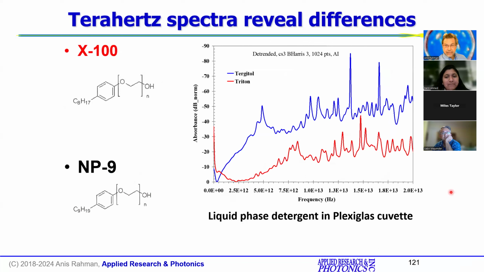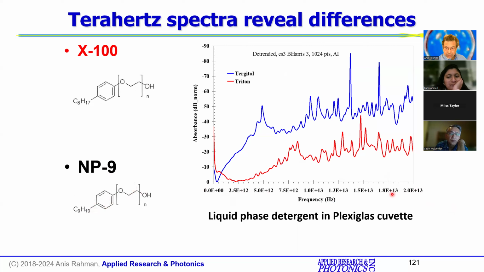When you do the T-ray spectroscopy, the carbon 9, which is the blue spectrum, has higher loss or absorbance, in dB. Decibel is the unit of loss, right? So higher loss compared to the triton, and that makes sense. All of these peaks can serve as the identifying factor or signature for this entire molecule.